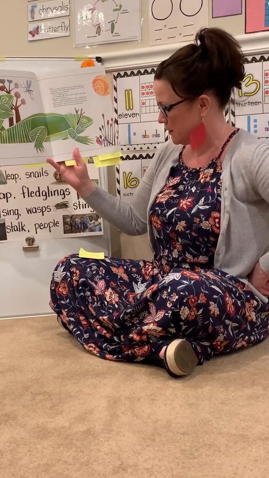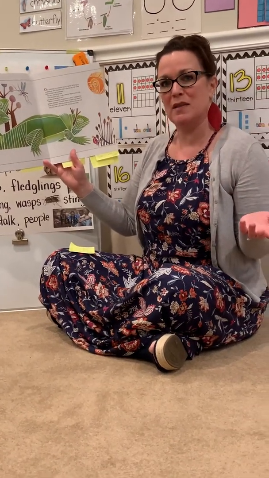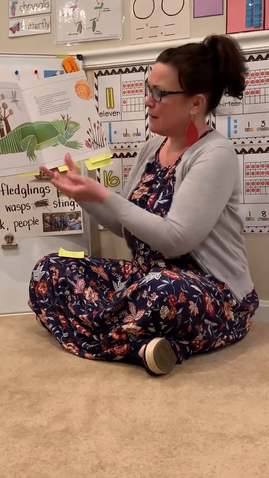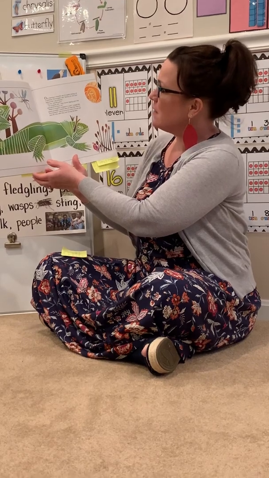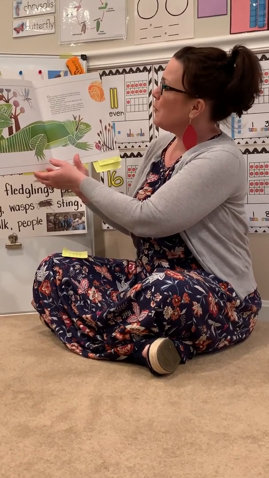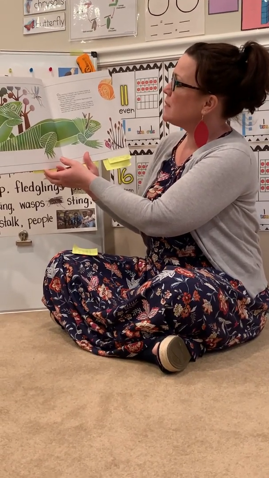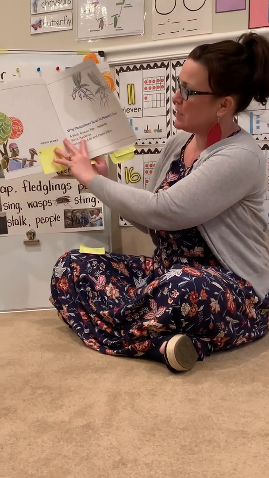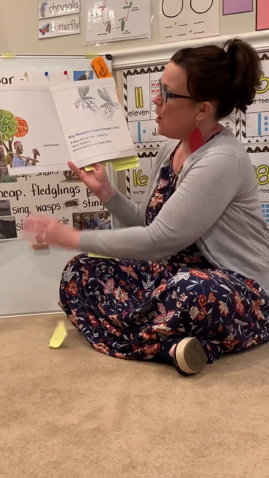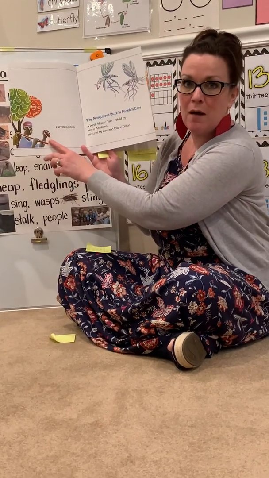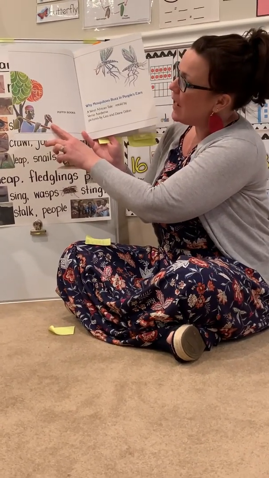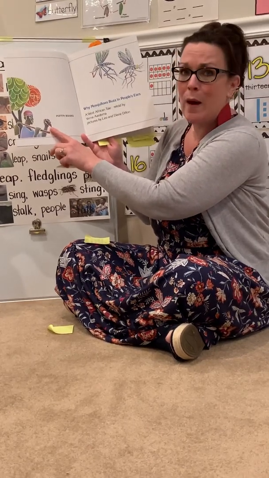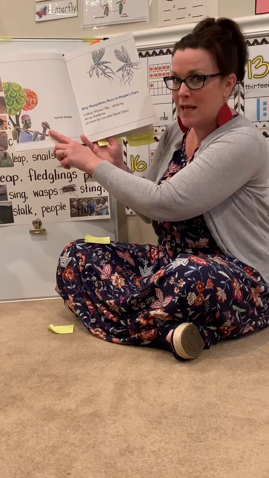So why did the iguana put sticks in his ears? So what did the mosquito tell him? The mosquito said, "I saw a farmer digging yams that were almost as big as I am." And if I flip back to the title page, I actually can see a farmer here with a yam in his hand. And I know that yams are a type of sweet potato, and that, look, it's way bigger than this adult male's hand.